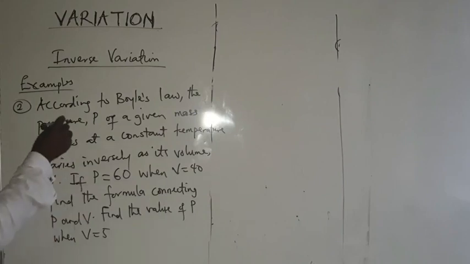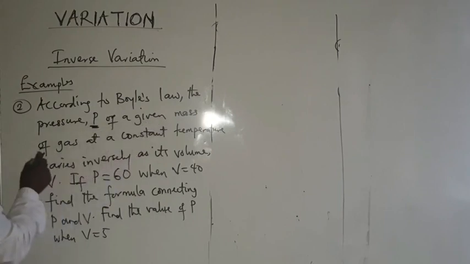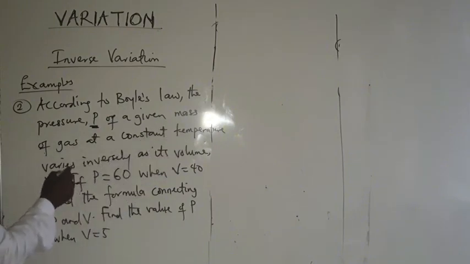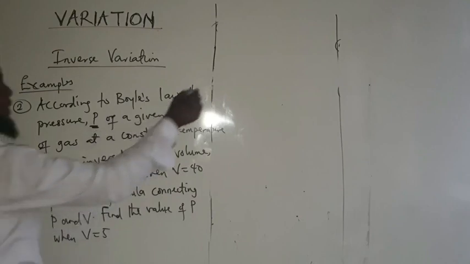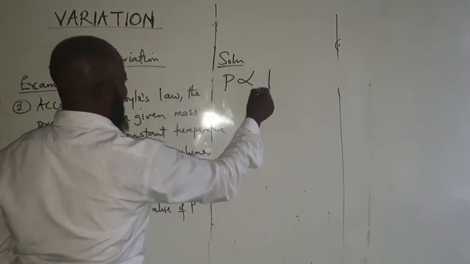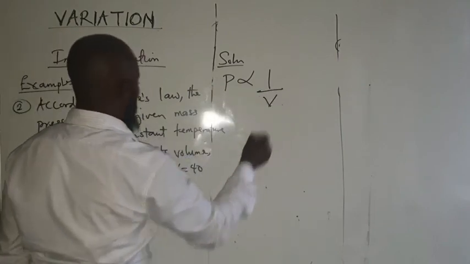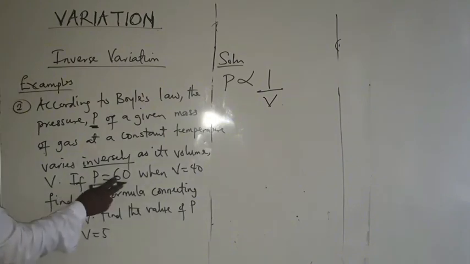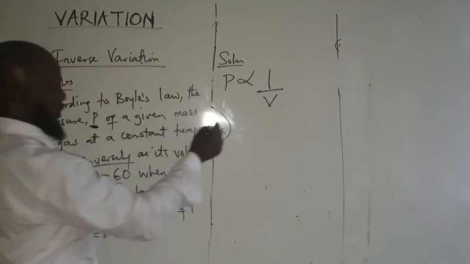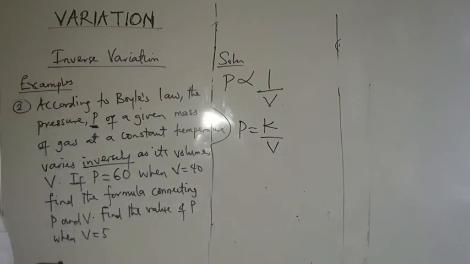According to Boyle's law, the pressure P of a given mass of gas at a constant temperature varies inversely as its volume V. So before that, we need to change this to equals to. So this will then be P equals to K over V. Are you with me?